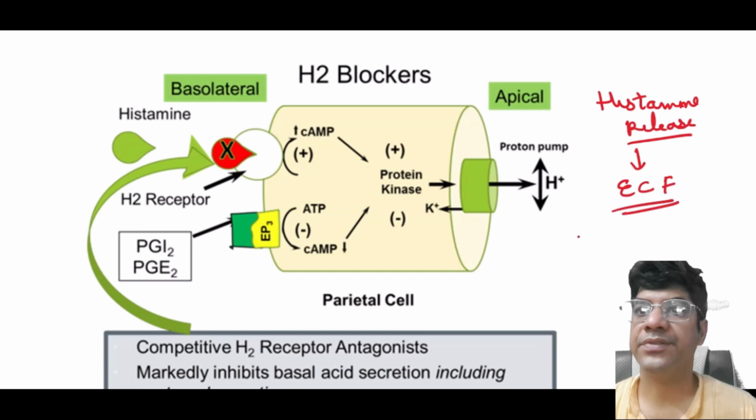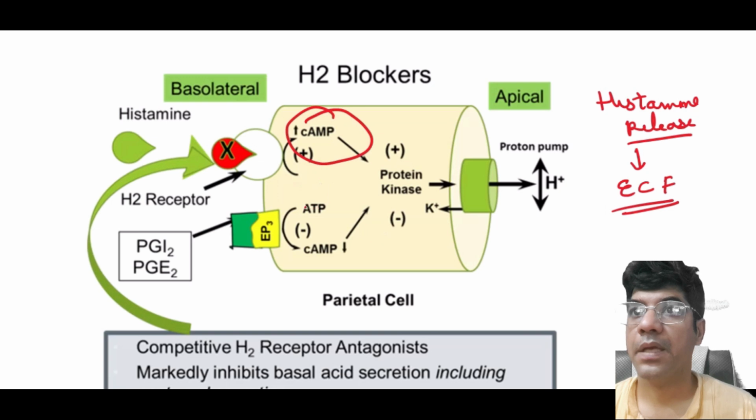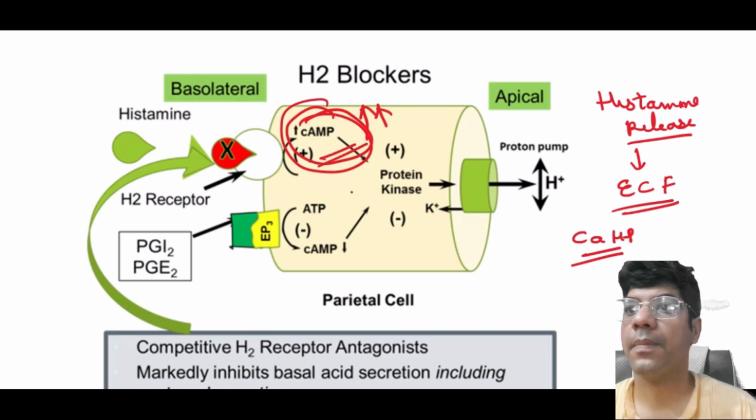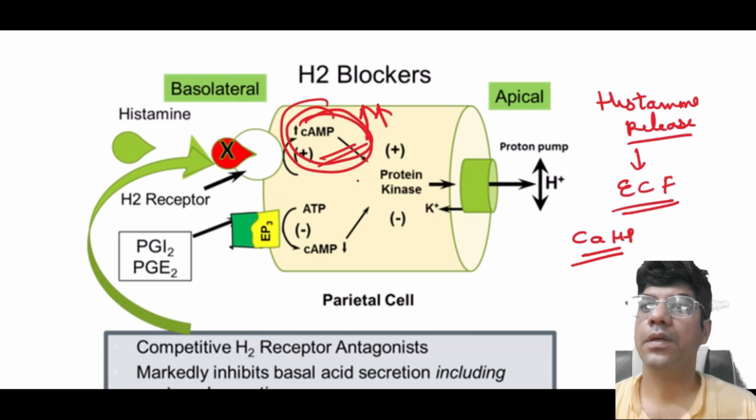The binding of histamine to the H2 receptor activates the enzyme adenylate cyclase. So activation of adenylate cyclase increases the level of cAMP within the parietal cells.